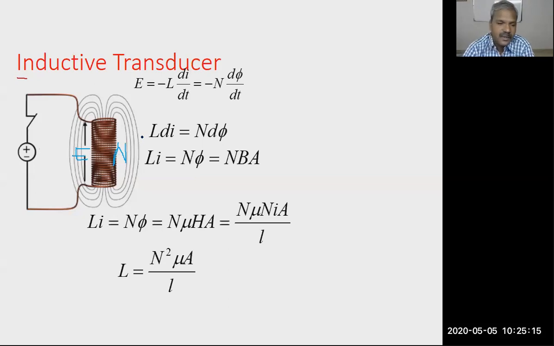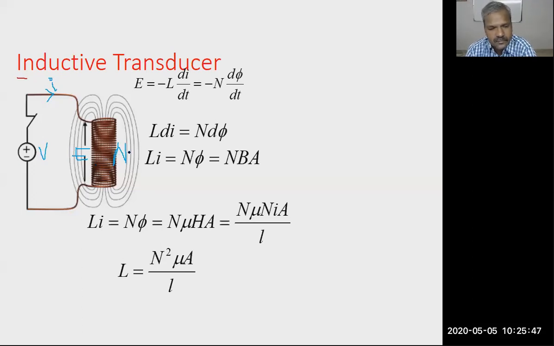E is the induced EMF, N is the number of turns, and I is the current. V is the battery voltage, the applied voltage to the coil. Then E is the EMF induced in the coil, and N is the number of turns.